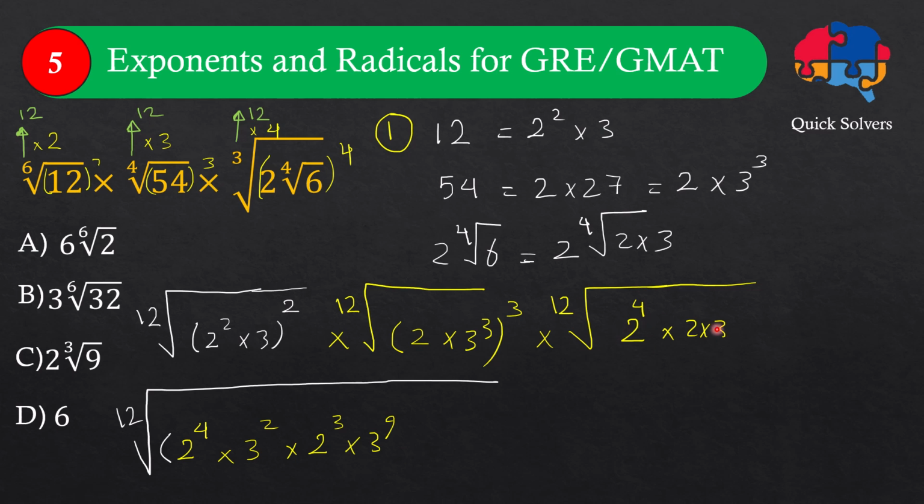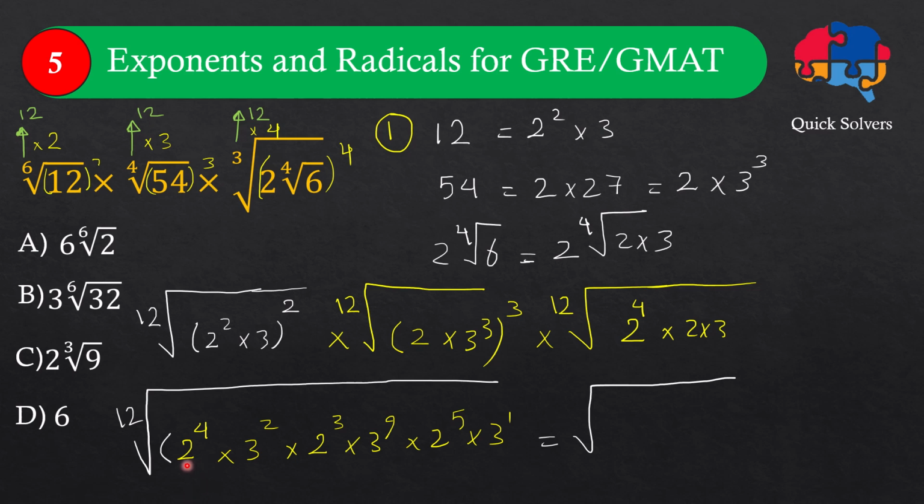And for this term, we have 2 to the power of 4, times 2, which is 2 to the power of 5 totally, times 3 to the power of 1, okay?